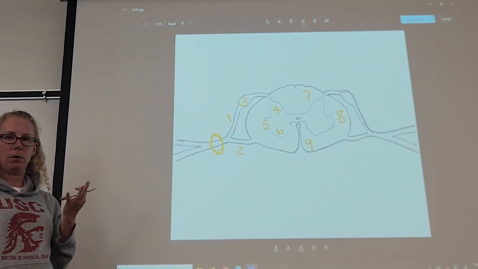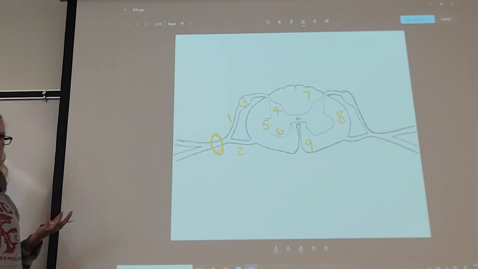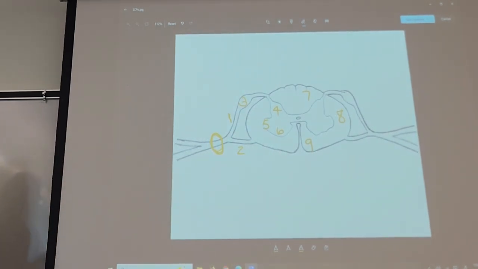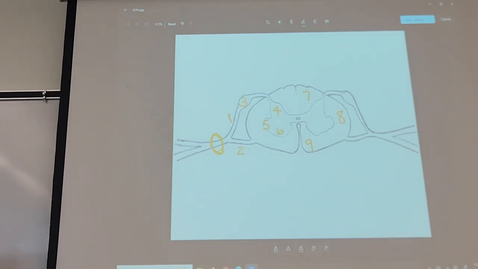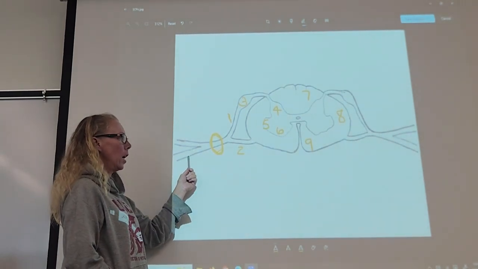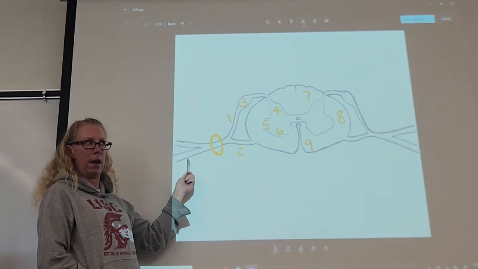Where in the body does it serve? The back musculature, right? So the erector spinae. That's the only time we're talking about a dorsal ramus, is when we're talking about the erector spinae muscles, okay, and the nerves that go to them. Everything else travels through a ventral ramus. Everything else.